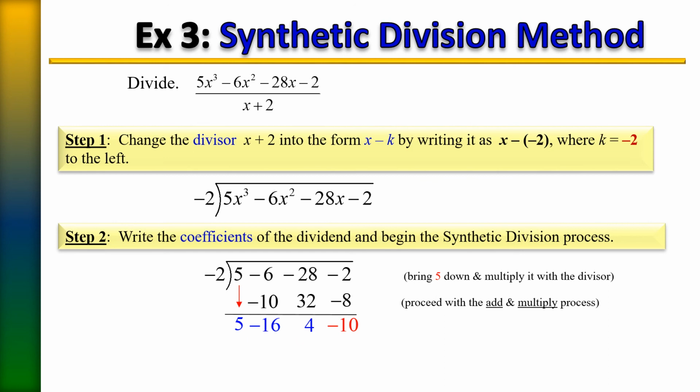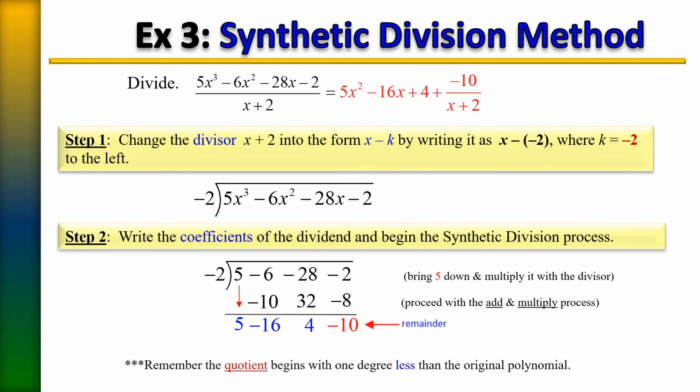Recall, whatever the highest degree of the original polynomial, in this case it's a 3, you go 1 degree less. So your quotient, your answer would be 5x squared minus 16x plus 4, and attach your remainder with your remainder on top, negative 10, and on bottom your divisor of x plus 2. And there you have it, the synthetic division method.